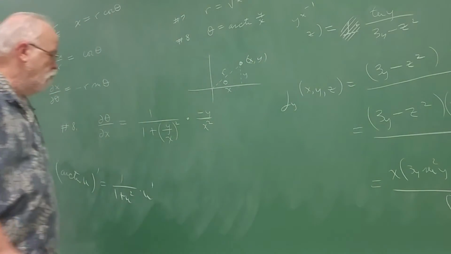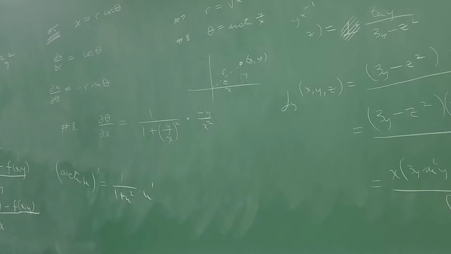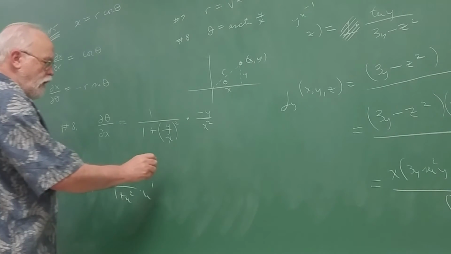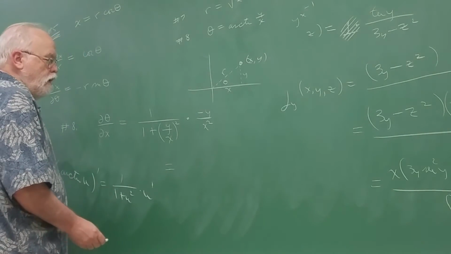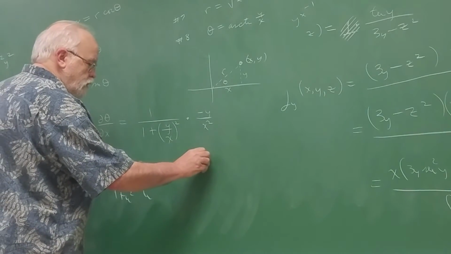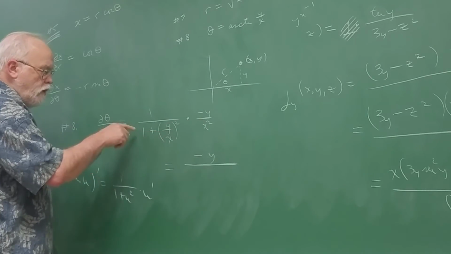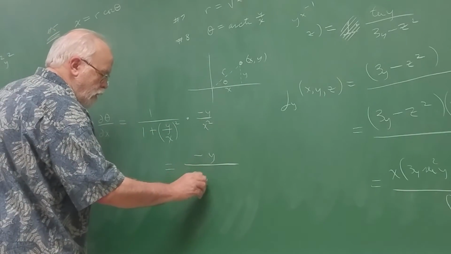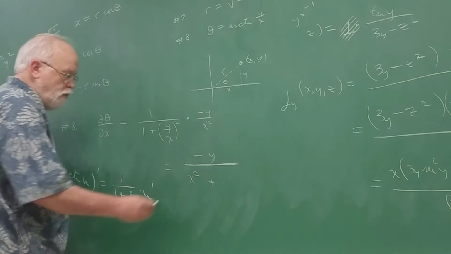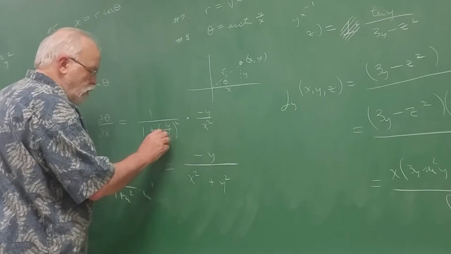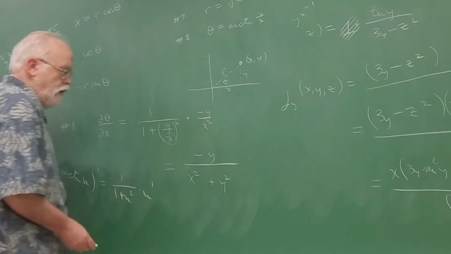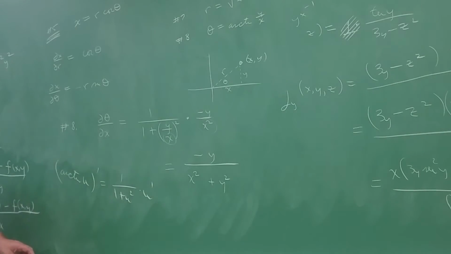And so we did minus y times x to the negative 2. Now let's simplify it. So I've got 1 times negative y is negative y. And I have x squared times 1, x squared plus y squared. So, that's not so bad.